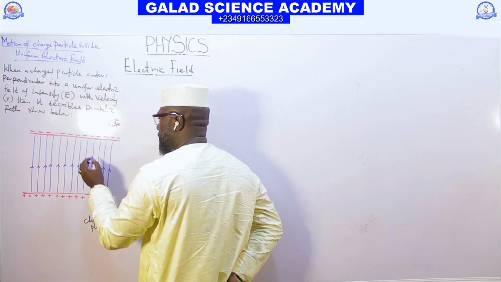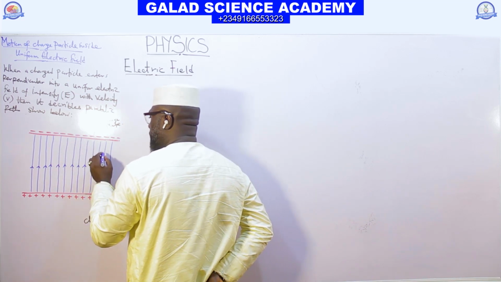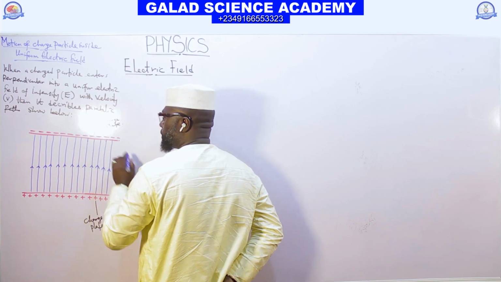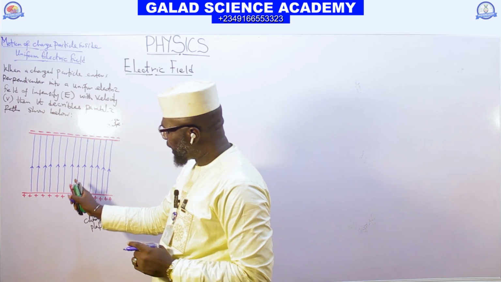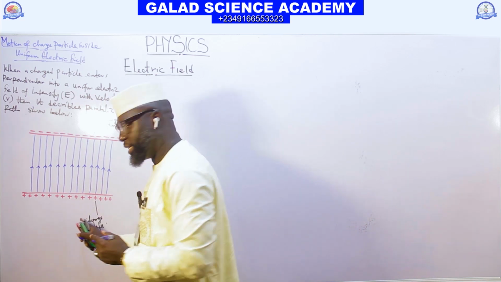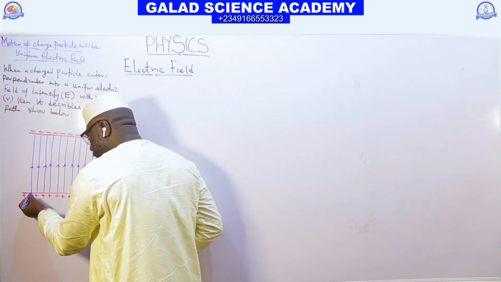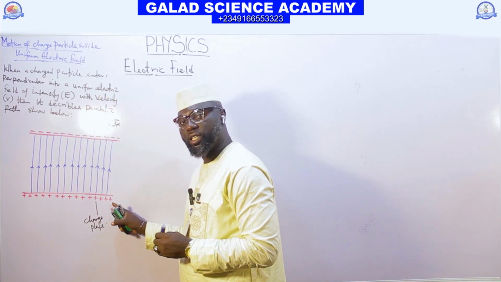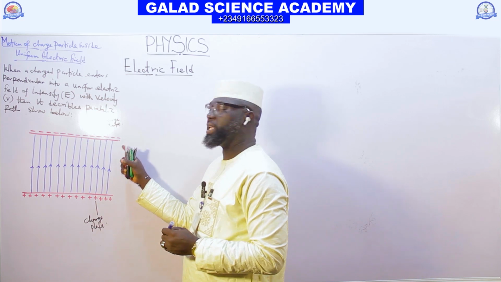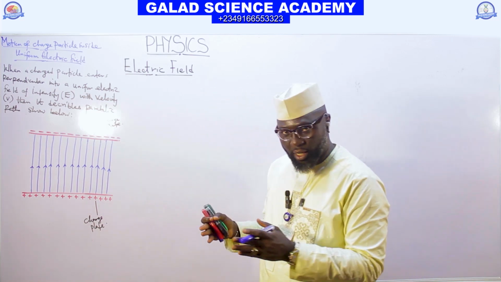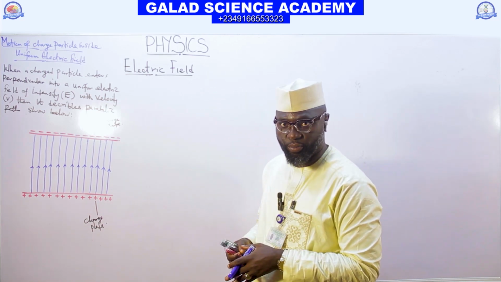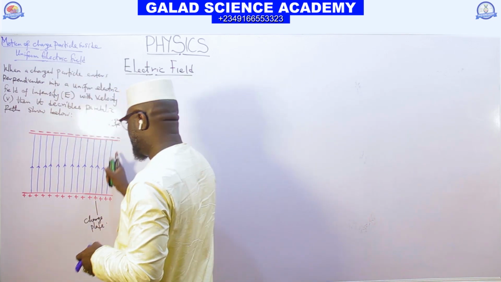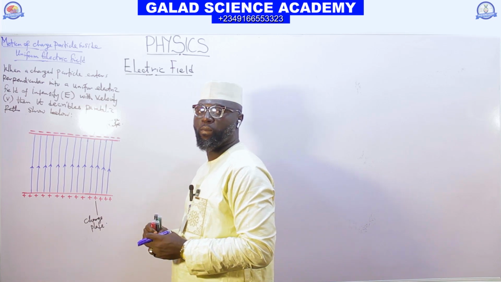You can observe that the electric field coming from the positive plate to the negative plate is uniform. Call it a uniform electric field. Good.